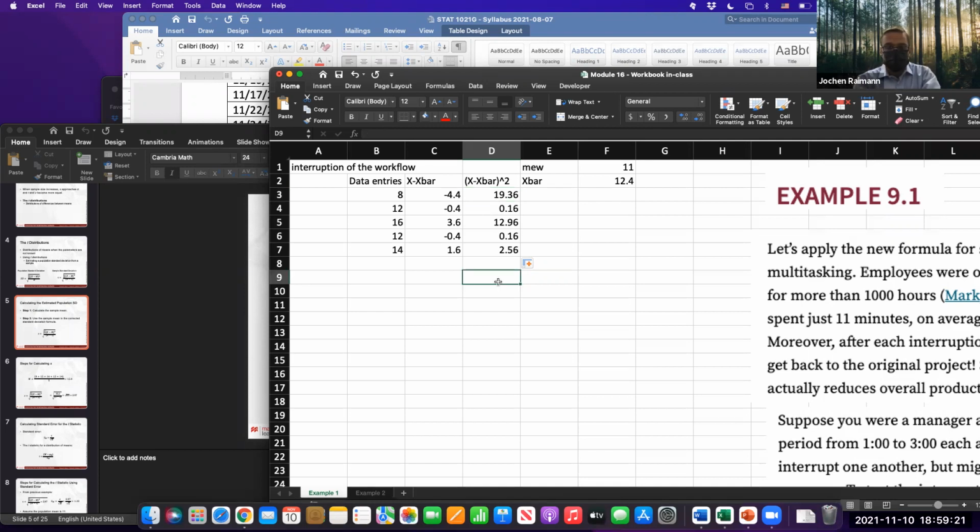So if we sum this all up, what is this now? What's that number? 35.2. That is the sum of what?